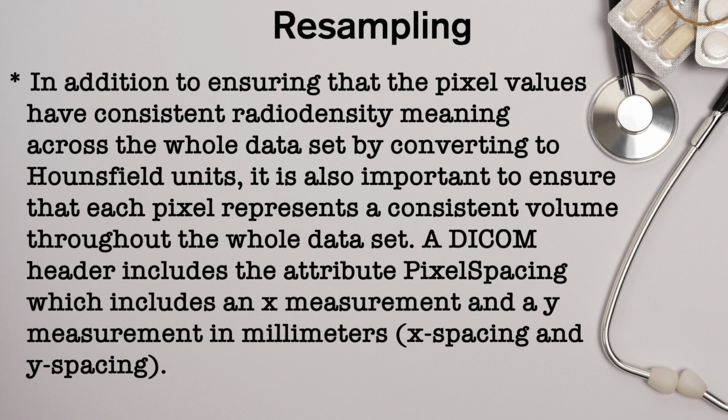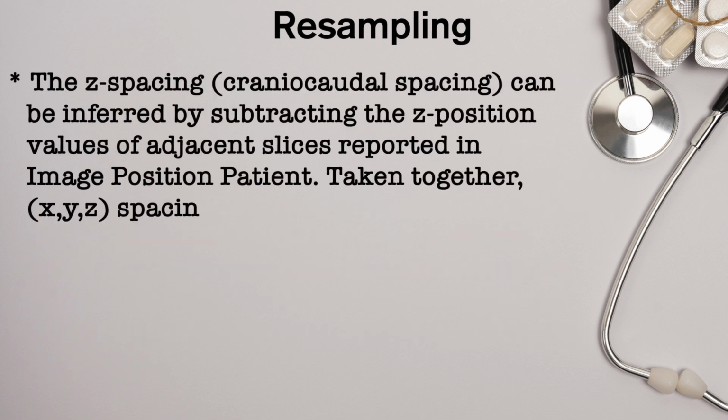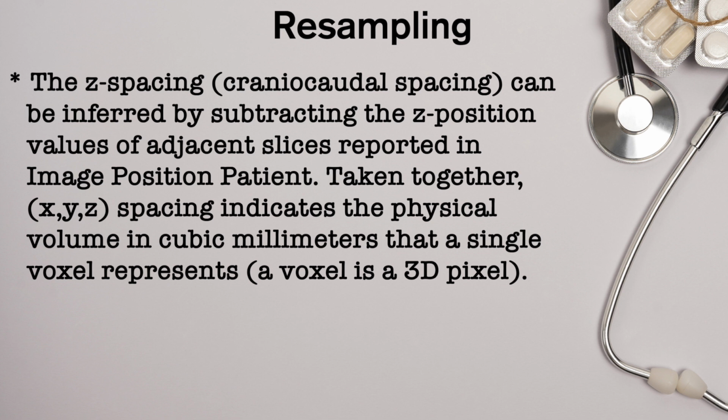A DICOM header includes the attribute pixel spacing, which includes an X measurement and Y measurement in millimeters, like X spacing and Y spacing. The Z spacing can be inferred by subtracting the Z position values of adjacent slices reported.